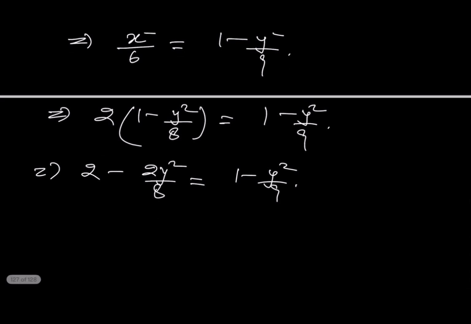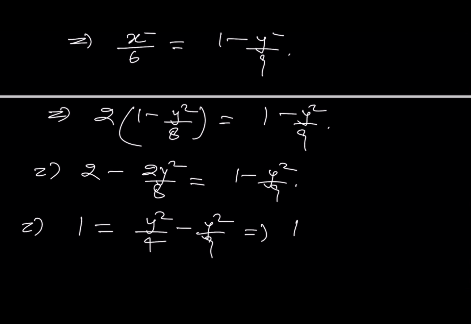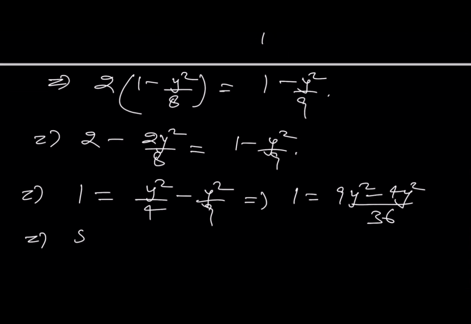So 2 minus 1 is 1, 1 is equal to y square by 4 minus y square by 9. So from here, 1 is equal to 9y square minus 4y square by 36, or 5y square is equal to 36, which implies y is equal to plus minus 6 by root 5, right?